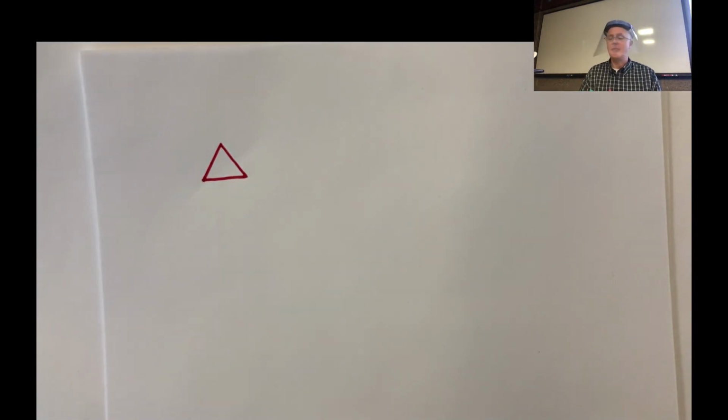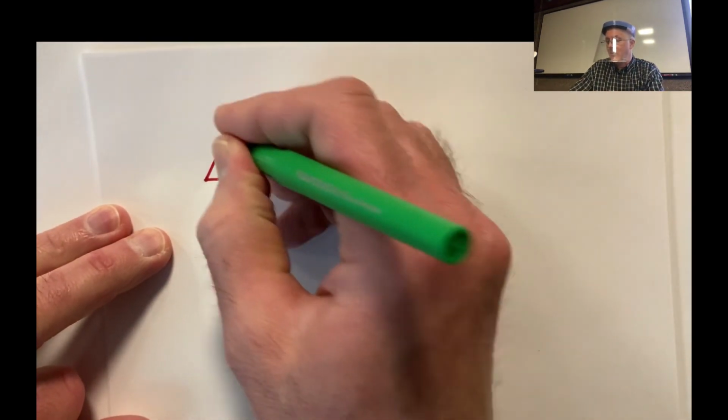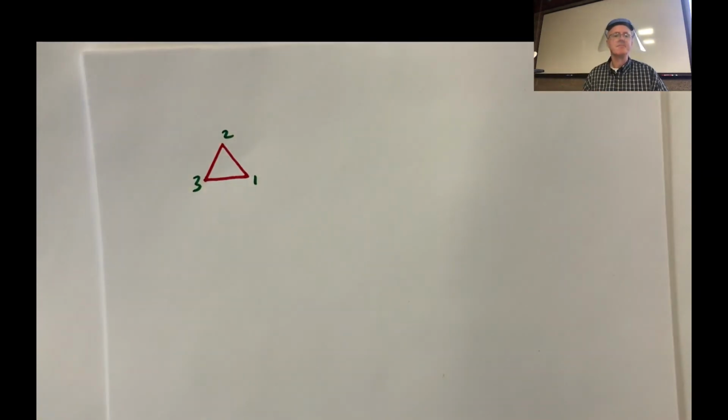However, since the main thing that matters is where the vertices end up after those rotations or flips, you may as well just think of it as a function on the vertices and maybe give the vertices names. Maybe even call them numbers. How about 1, 2, 3? Which one you pick to be 1, which one you pick to be 2, which one you pick to be 3 is arbitrary.